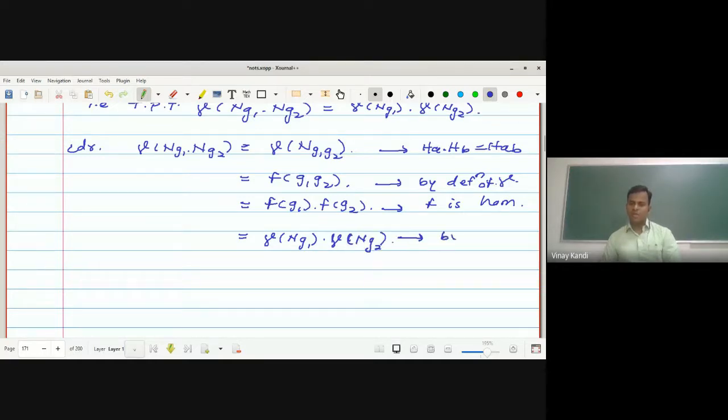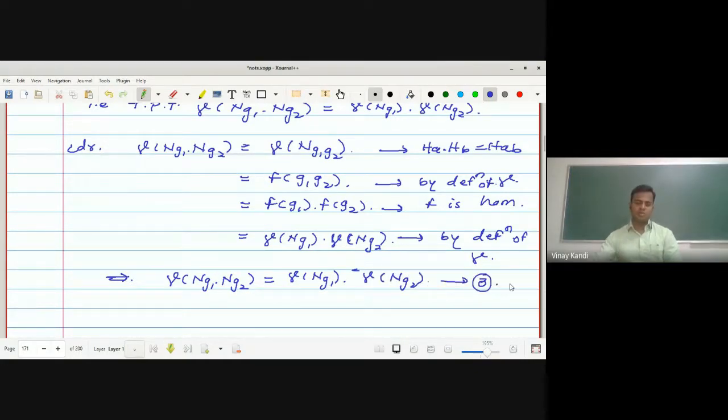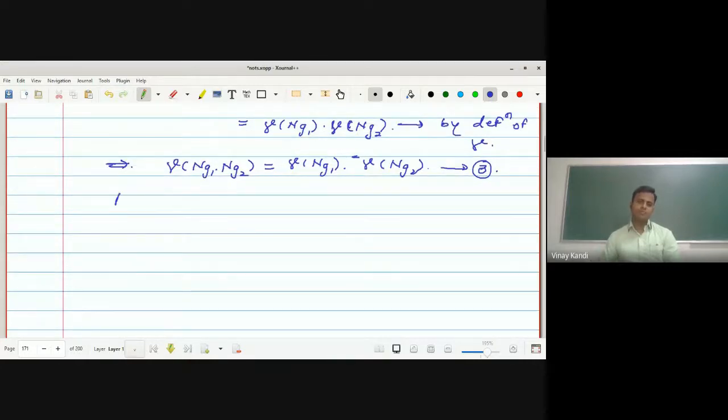Again, by definition of gamma, this implies gamma of ng1 into ng2 is equal to gamma of ng1 into gamma of ng2, due to equation number three. So from 1, 2, and 3, what do we get?